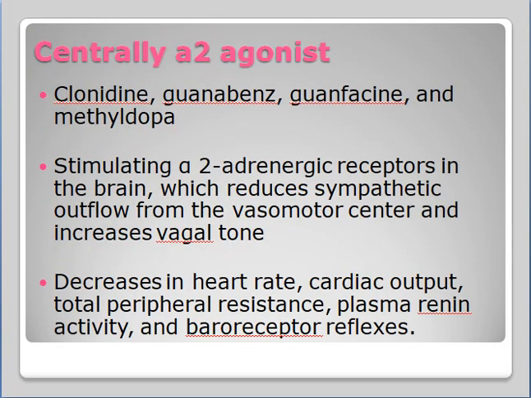Now next class is the centrally acting alpha 2 agonists. These alpha 2 receptors are located on the preganglionic nerve fiber. Whenever there is release of catecholamine, these agents inhibit the release of catecholamines, so they produce an opposite mechanism. So when sympathetic catecholamine is being released, they will inhibit this sympathetic catecholamine release, and due to that the sympathetic tone or effect can get minimized.